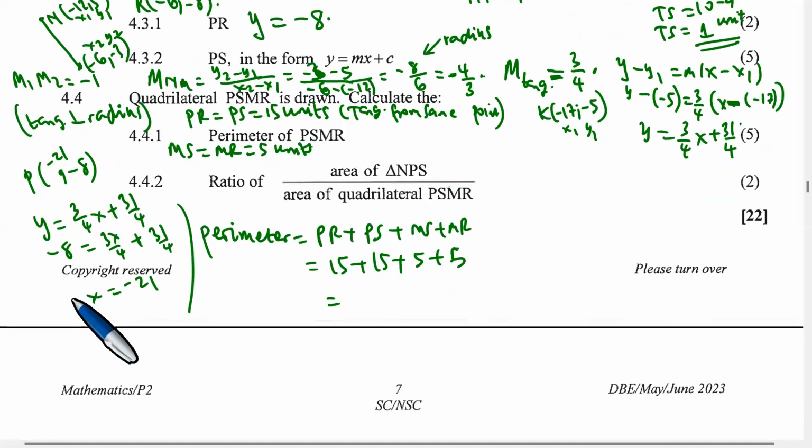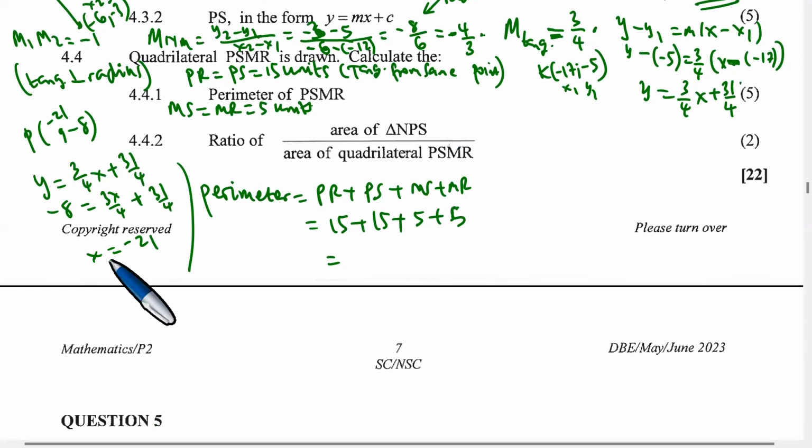Let's discuss how we get minus 21 here. We get minus 21 because we multiplied through by the LCD. So at this point, if you multiply through by 4, it's minus 8 times 4, and you also multiply 3x over 4 by 4, and 31 over 4 also by 4.